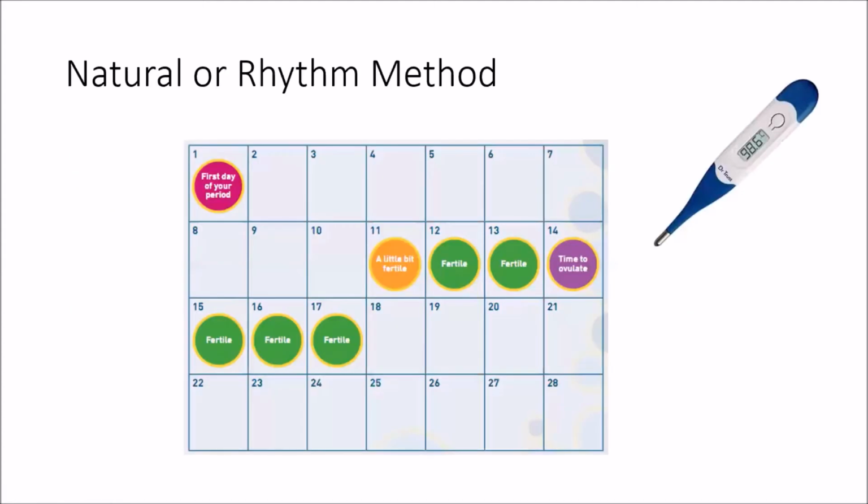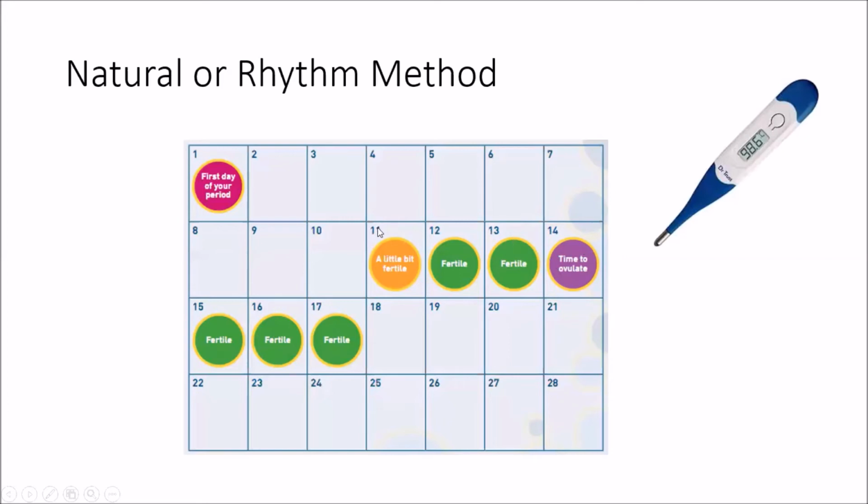Going back to the calendar method here, if a female ovulates on day 14, then if a sperm cell was released 4 days prior to this, pregnancy can occur.